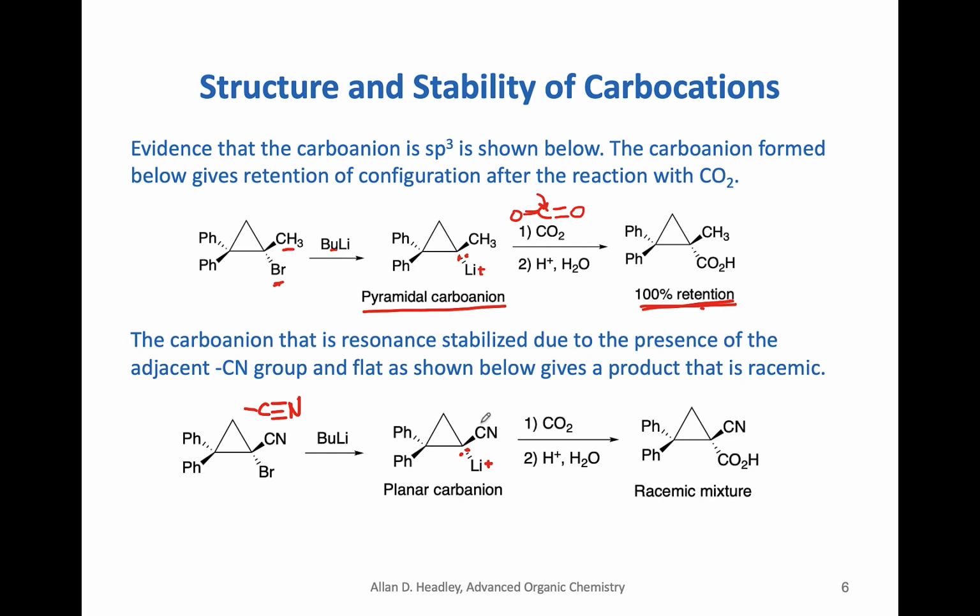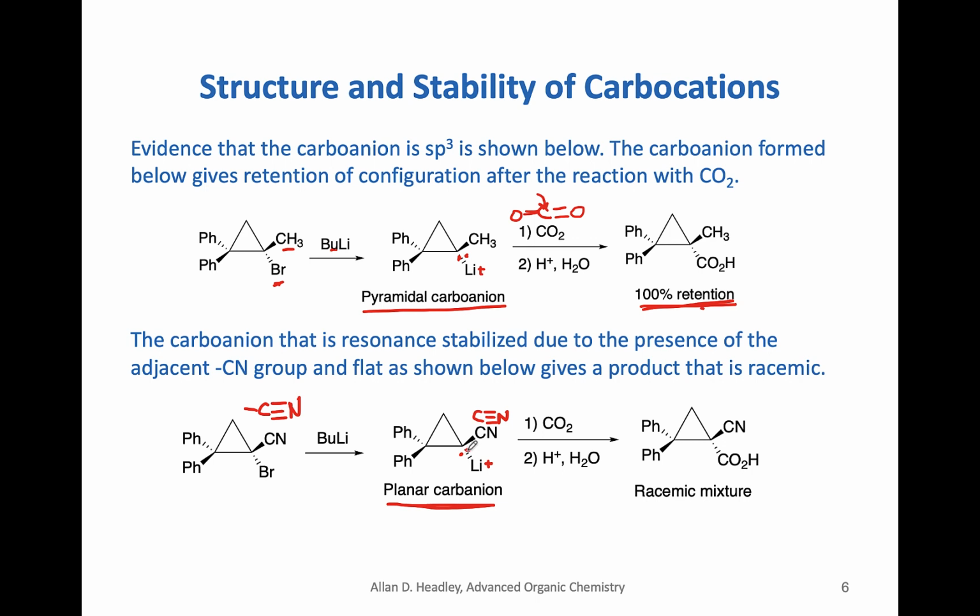But because it can have resonance with this C triple bonded N adjacent here, these electrons can come in, and we will get a planar carbanion. So this carbanion is flat because the electrons are in conjugation with this pi system.